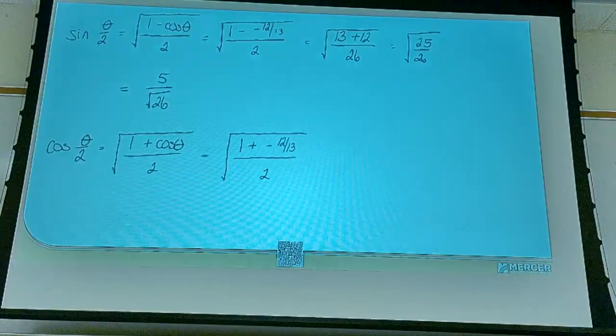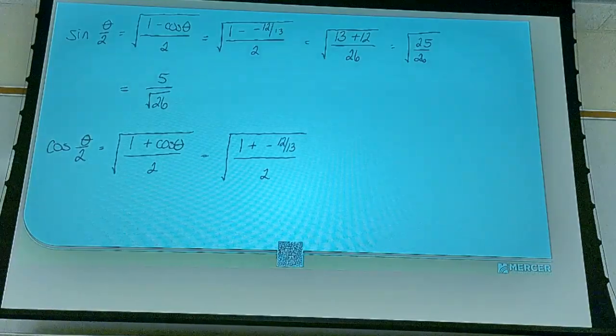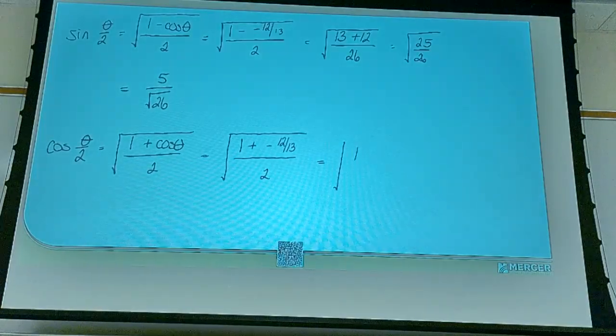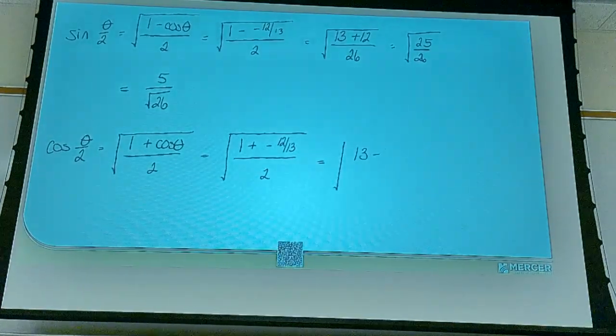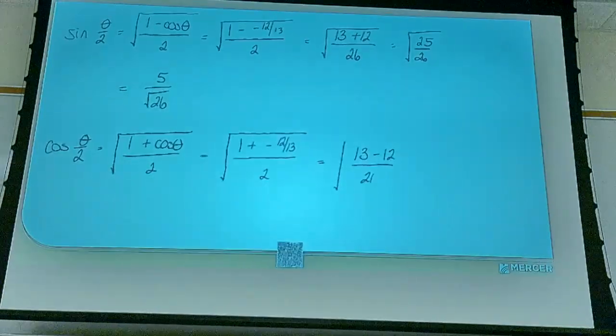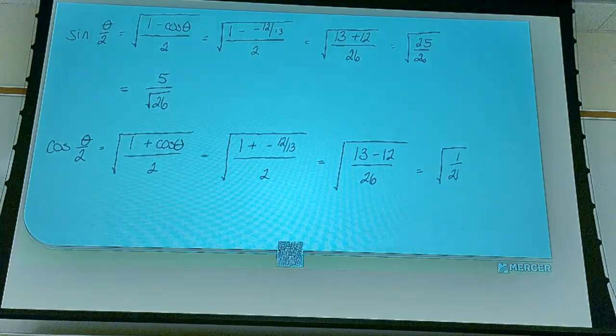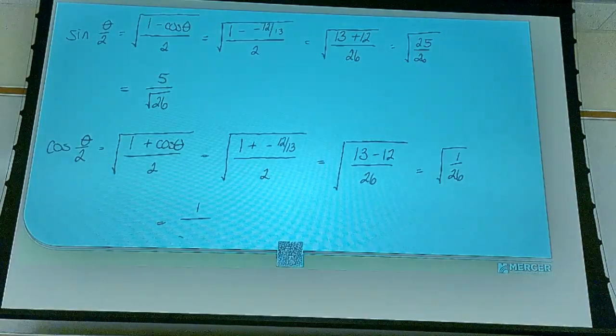Everything is essentially the same except that the sign switches. One over root 26.